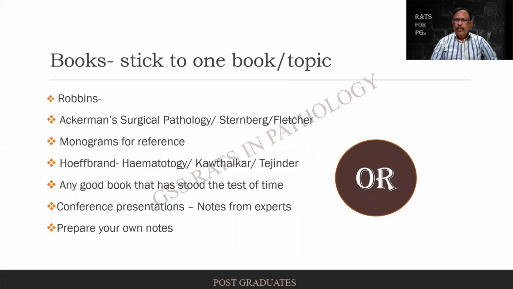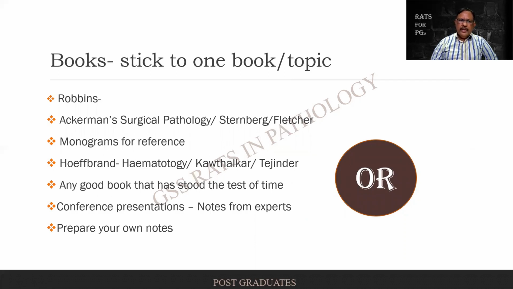And there is a list of books which, again, I repeat, I emphasize, kindly do not change your book. Robbins is one, Ackerman's Surgical Pathology, or it can be Sternberg or Fletcher, any other book. Monographs you can use only for reference of any specific topic, otherwise not required.